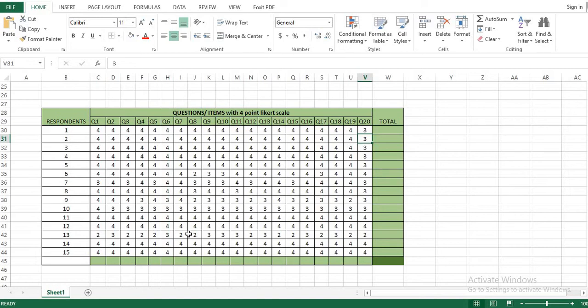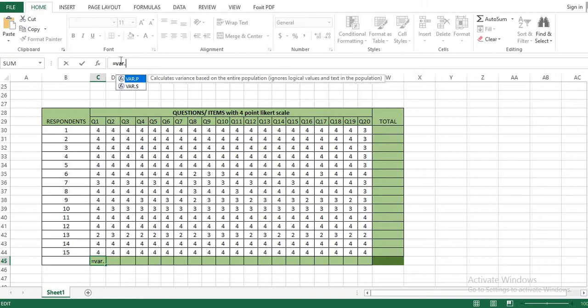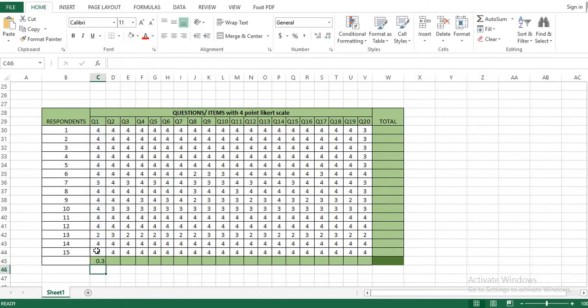First, we are going to look for the variance of each question. So we are going to have this formula, equal sign VAR.P, because we are looking for the variance. Please highlight all the answers under question 1 and then enter, and then just drag it until question 20.